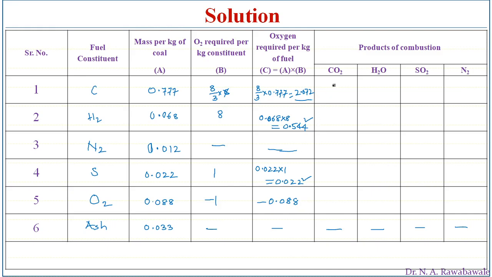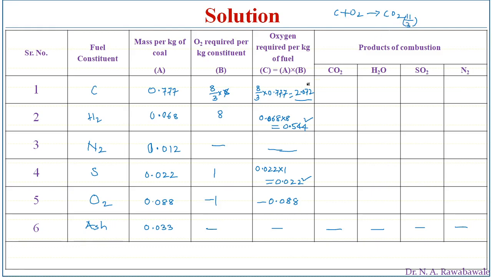Now, the products of combustion. By burning 0.777 kg of carbon we can produce carbon dioxide, and the carbon dioxide produced is 11 by 3 kg. In the previous lecture we have seen that combustion of carbon in the presence of oxygen produces CO2. If we burn 1 kg of carbon, then we produce 11 by 3 kg of carbon dioxide.